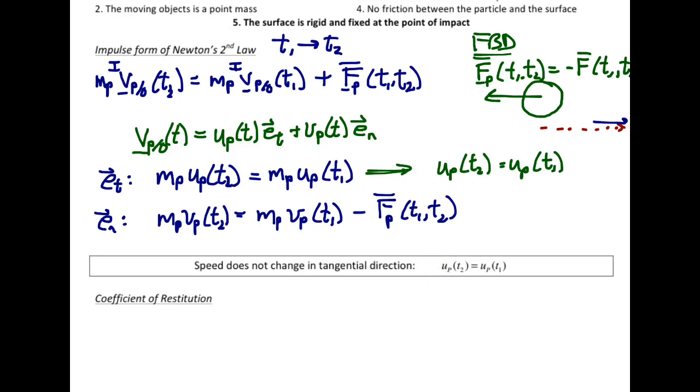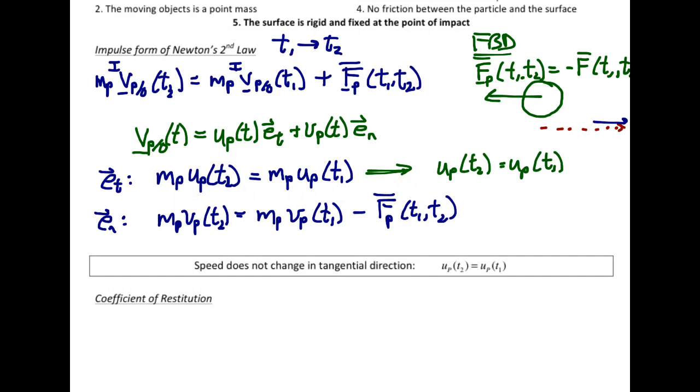Now, when we look in the e_n direction, which is along the line of impact, we see something really important that we didn't have when we were colliding two particles together. And that is that momentum is not conserved along the line of impact.